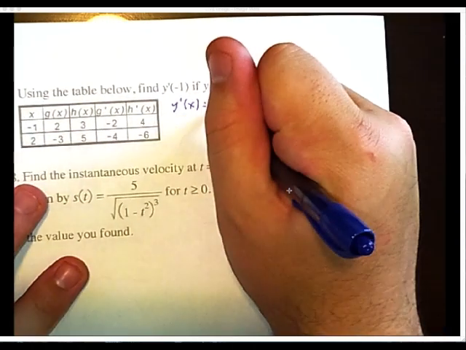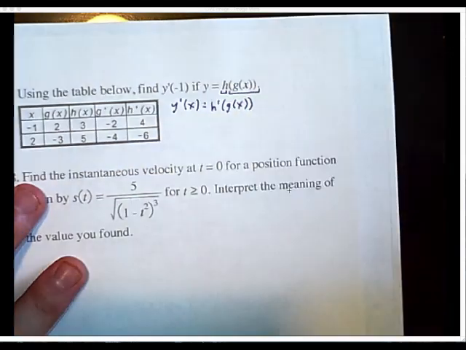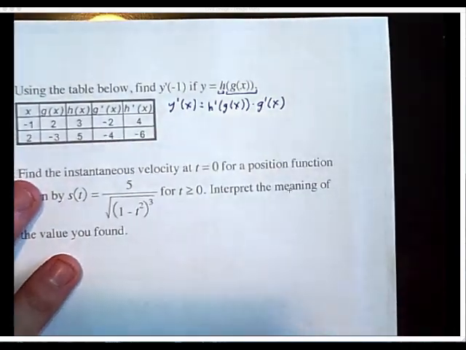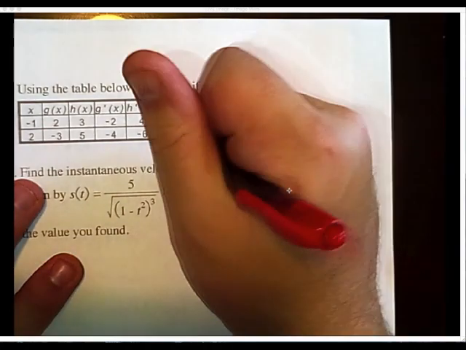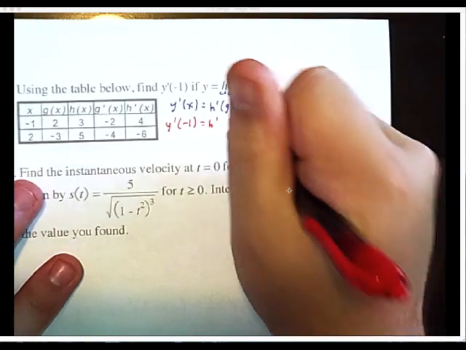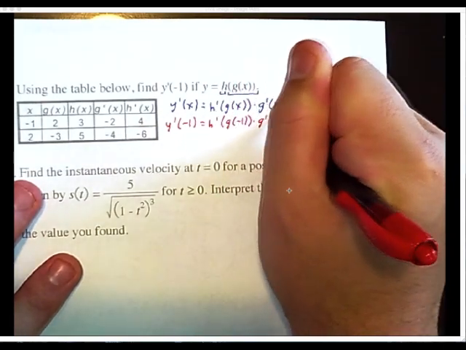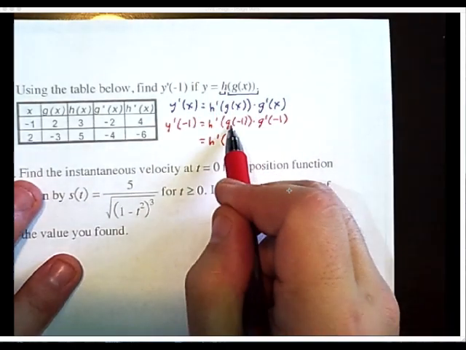So you take the derivative of the outside and leave the inside alone, times the derivative of the inside. So to find y prime at -1, I'm going to do h prime of g of -1 times g prime of -1. So what's g of -1?